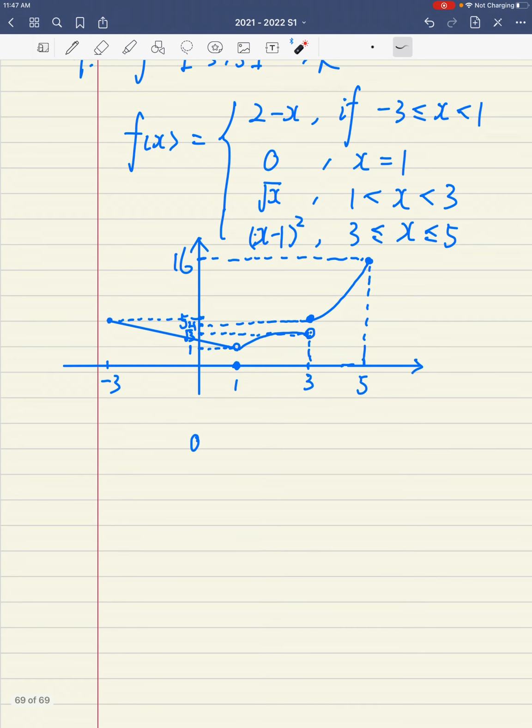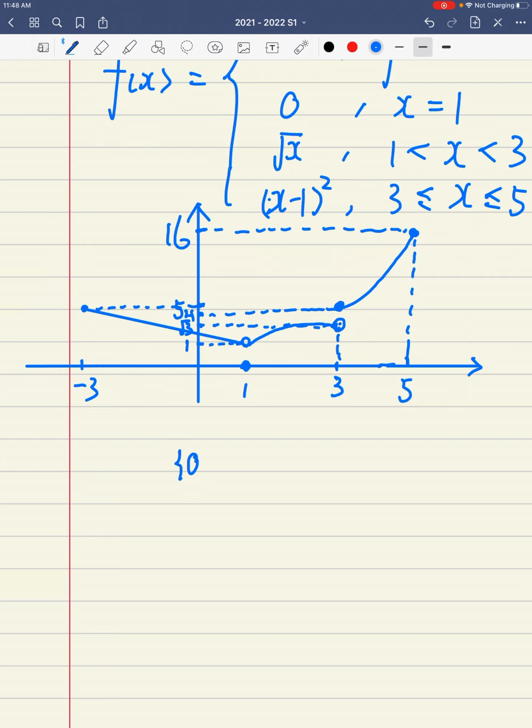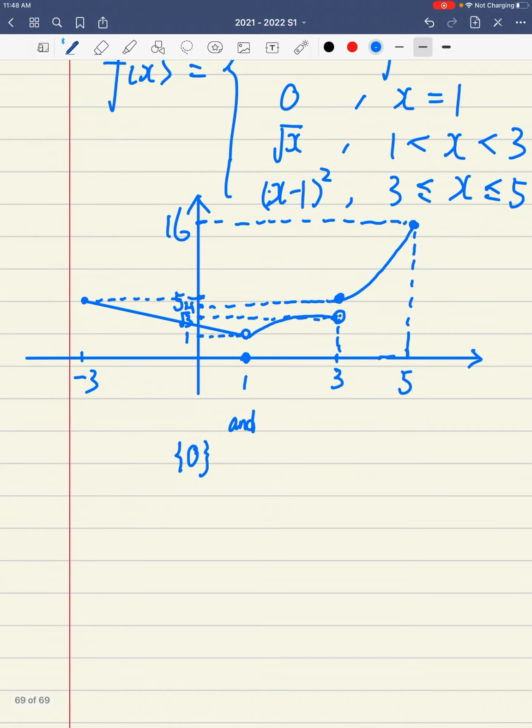So it's not from 0 all the way to 16. 0 is just 1 point. In mathematics, when we talk about sets, the union, which is this symbol, is used.